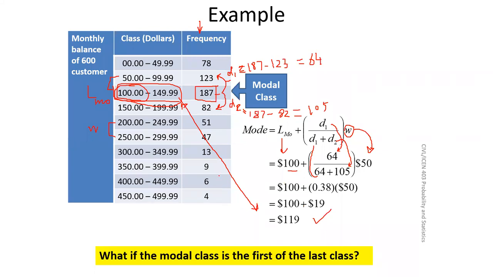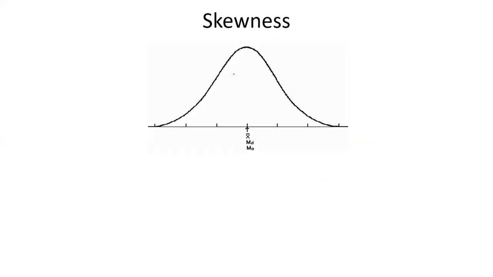All right. Sometimes your mean, median, and mode are equal. It's very rare, but there are some distributions whose mean, median, and mode are exactly equal. If that is the case, we call the data symmetrical, a very symmetrical data whose mean, median, mode are exactly equal, like this. You see, this is symmetrical data.